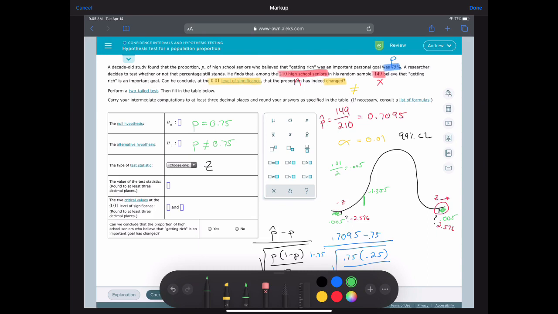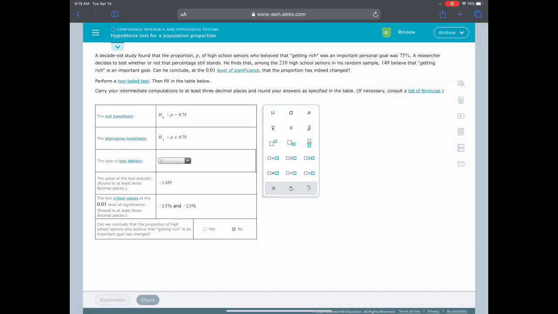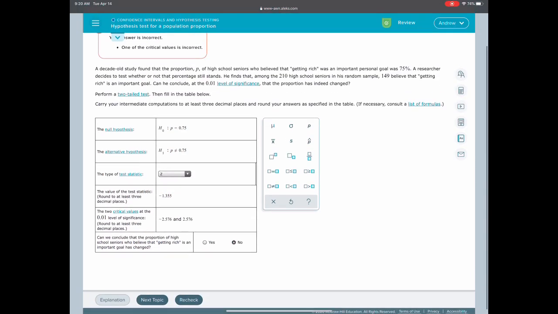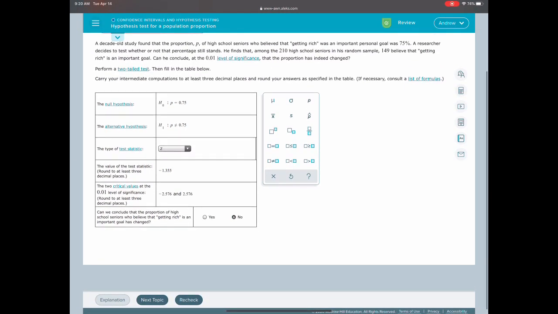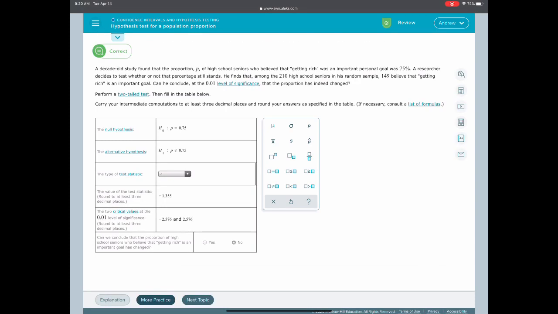That tells me that I fell within my range here, which means that we cannot conclude that it's going to be something different than 0.75. So this answer is actually going to be no. We do not think it has changed because we fell within our parameters here on our curve. So no, check. Don't make a simple mistake like me and put a negative in there. I had both negatives, so make one positive so we get the right answer. There we go.